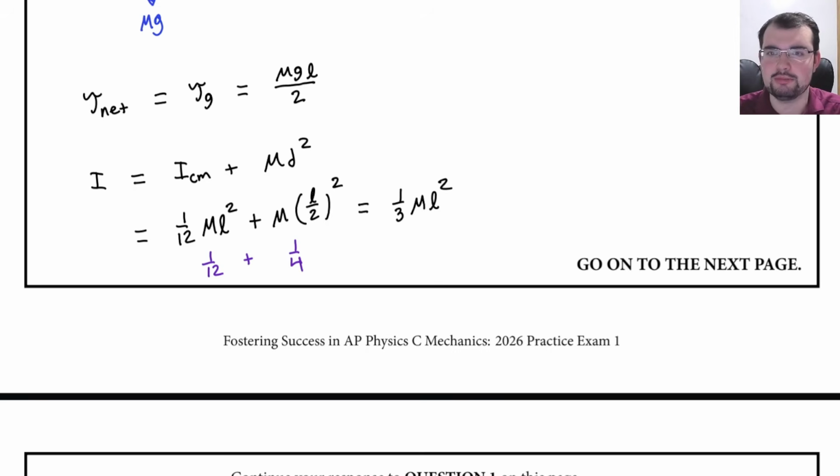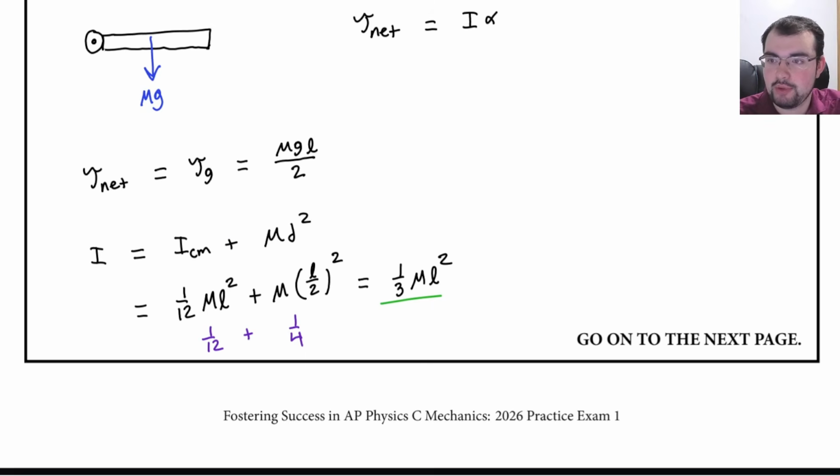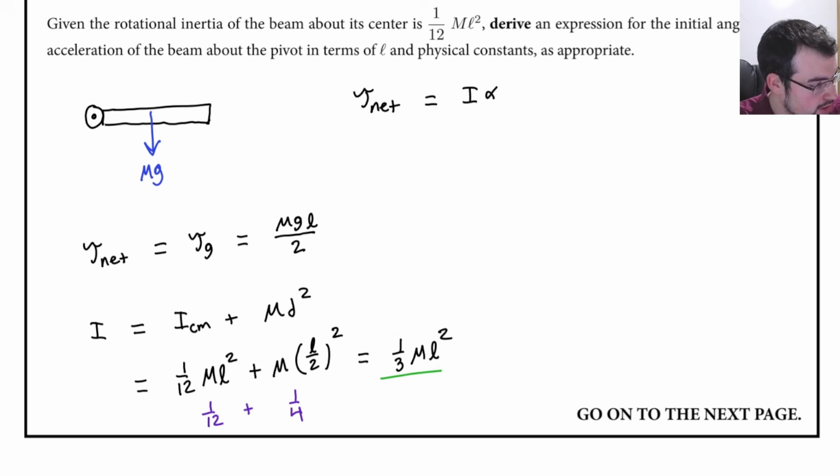Now, this could be a result you may have stored in your brain. You may have known this fact, that a rod about its endpoint is 1/3, but there was no assumption you knew that.